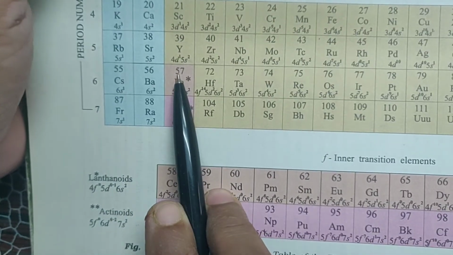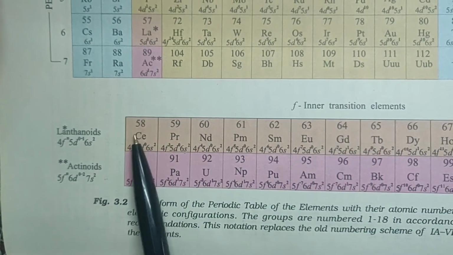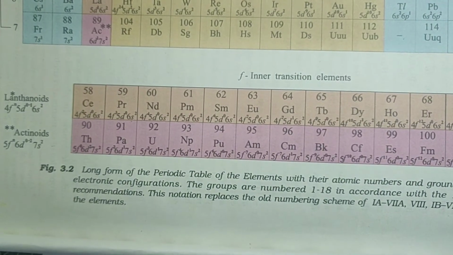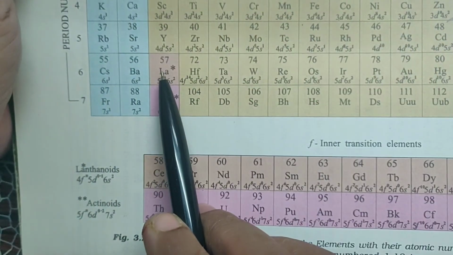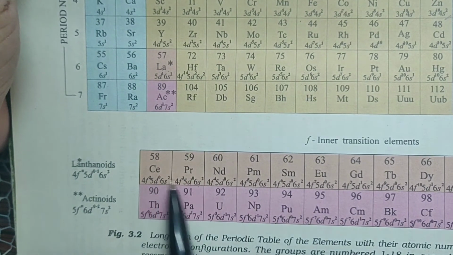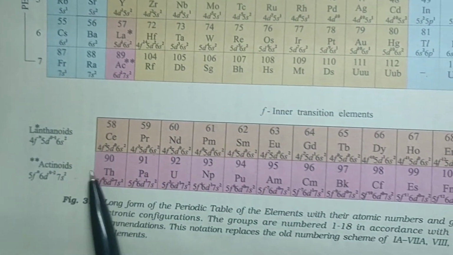Now after 57 to 71, this is not here, it is placed here as the first set of 14 elements. They are called as lanthanoids. Why lanthanoids? Because it is followed by lanthanum. After lanthanum, the elements are called as lanthanoids. Same way, after actinium, the elements are called as actinoids.